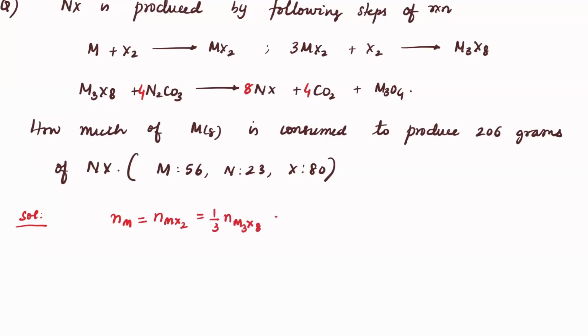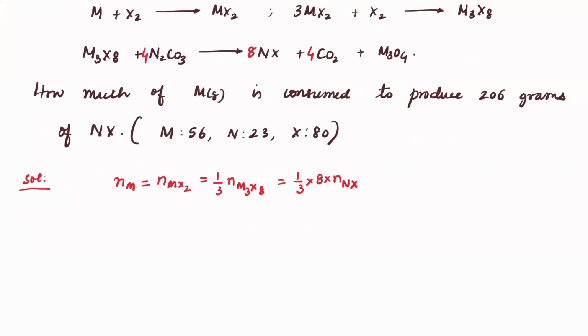And for every 1 mole of that, we have 8 moles of NX. So it will be 1/3 of 8, because for 1 mole you are getting 8 moles here. So for 1/3 moles, you will get 8 moles of NX, correct?